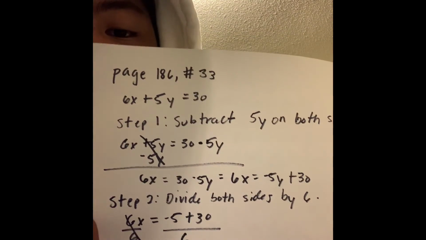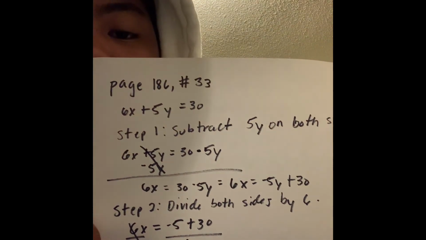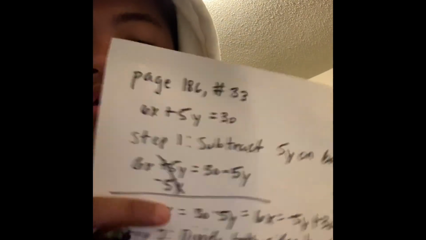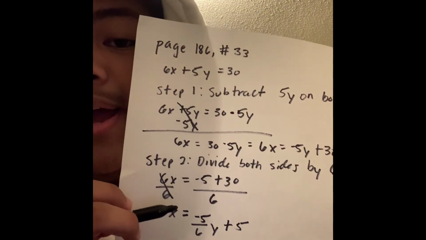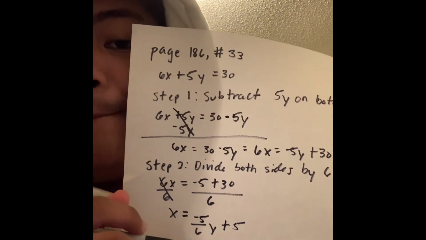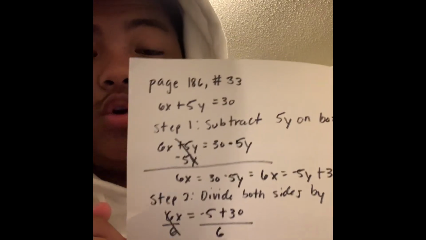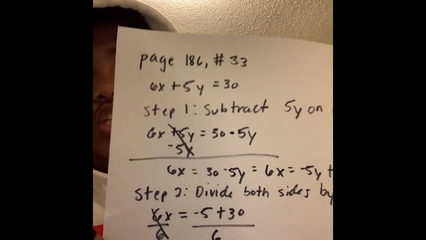So you should get x equals negative 5 over 6y plus 5, which is your slope-intercept form. It should look like that.